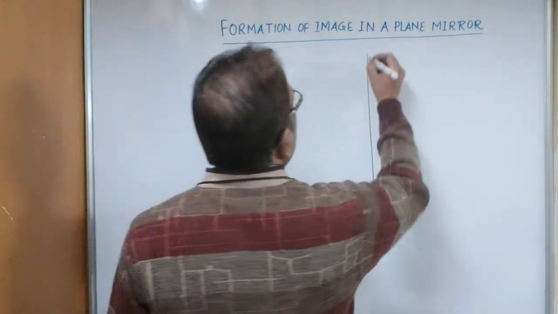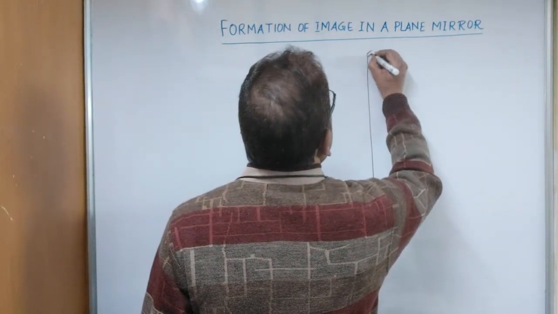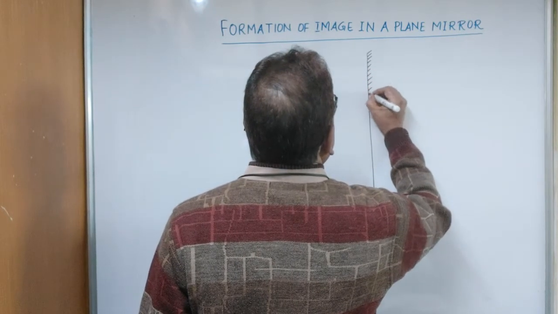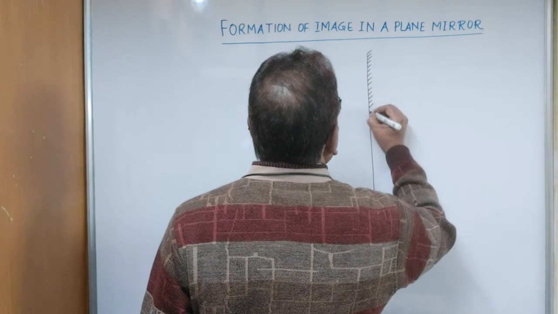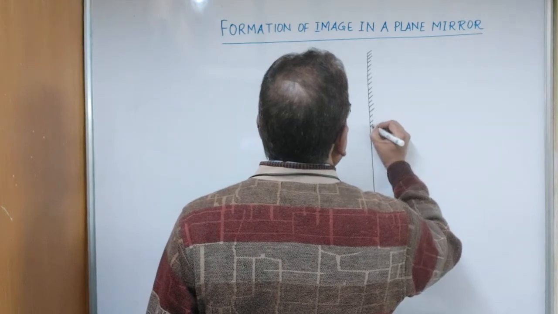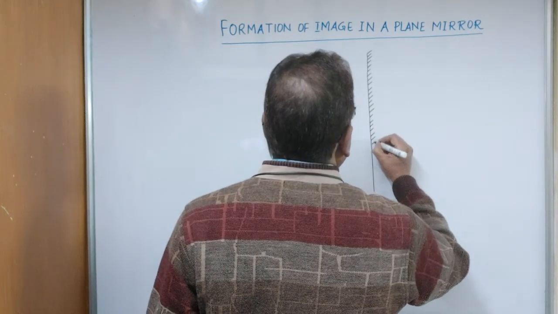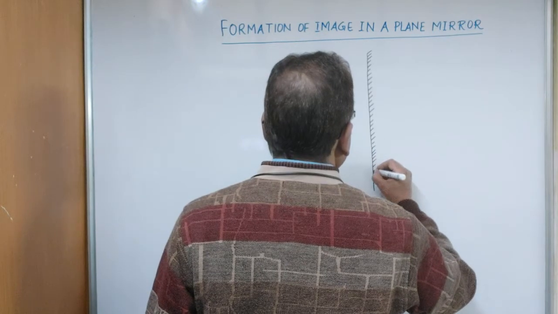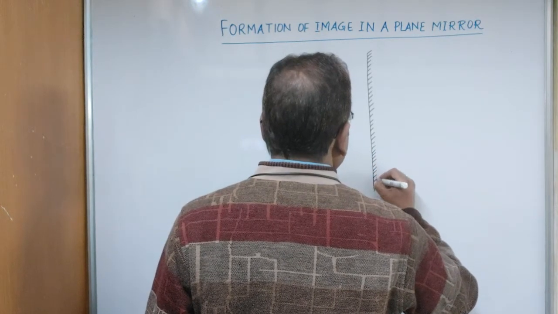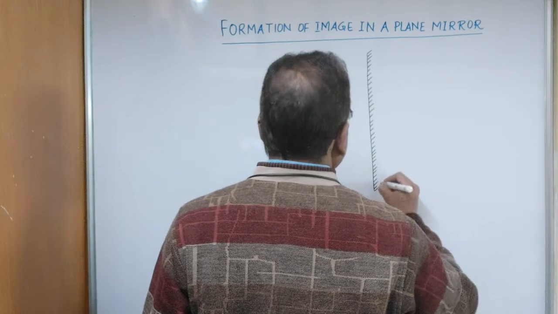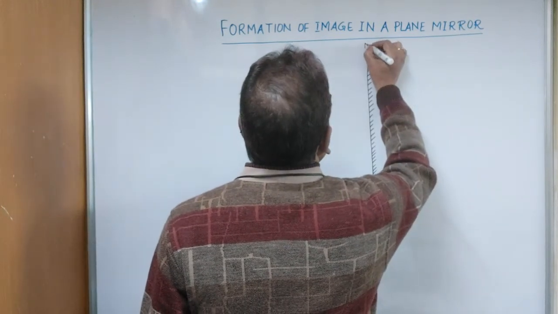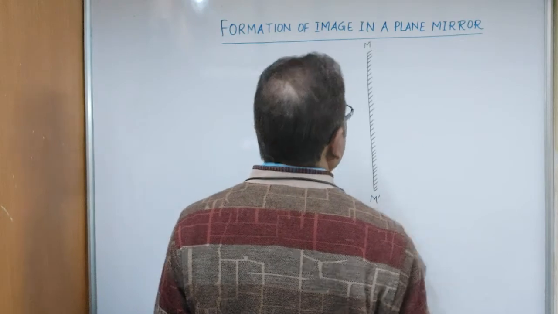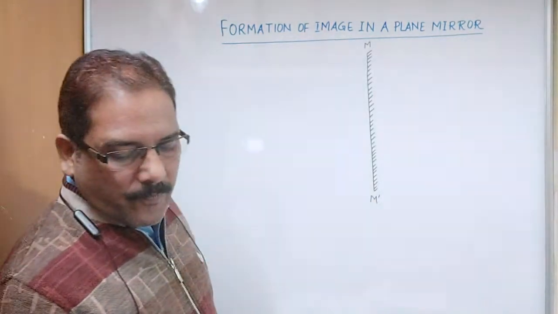Let this dash be a plane mirror, whose reflecting surface is towards left side.